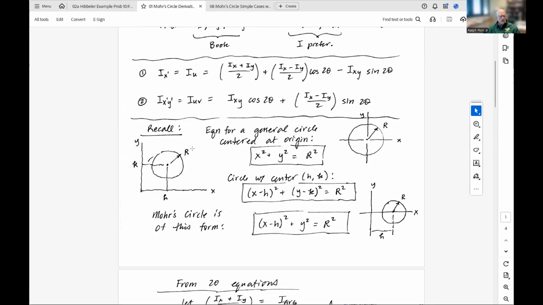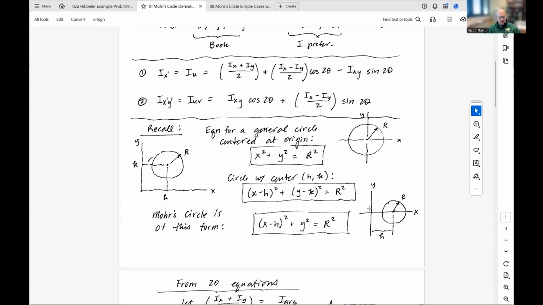That's a general circle located in the xy plane. Finally, Mohr circle is of this form. Mohr circle is centered on the x-axis, and the entire circle is to the right of the vertical axis, some distance h. This is the mathematical form of Mohr circle that we're going to end up with.